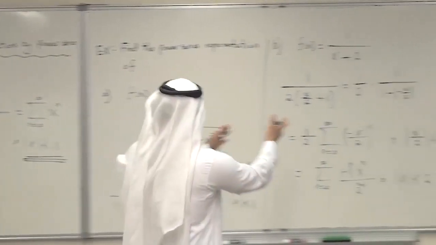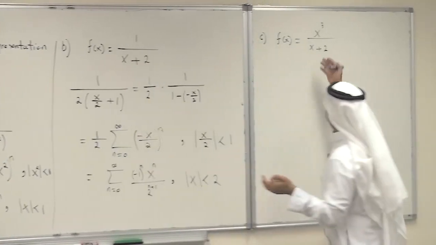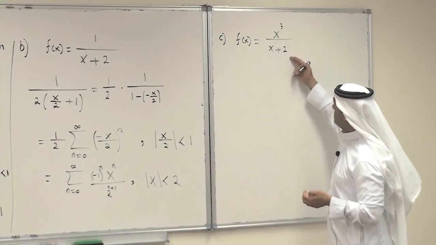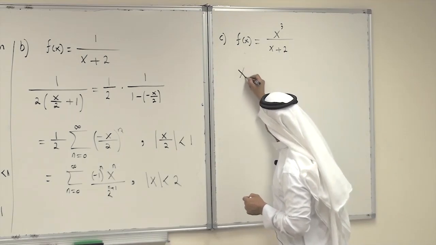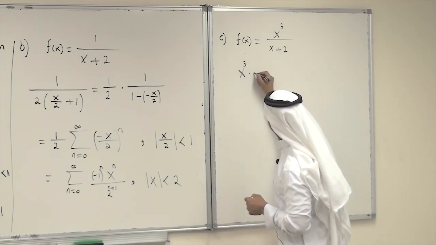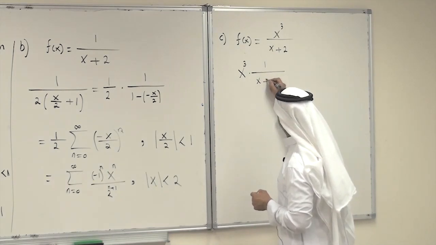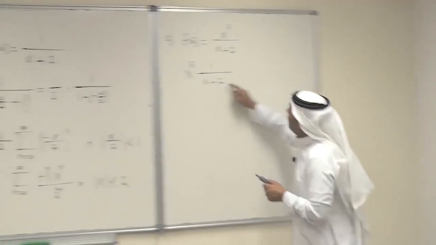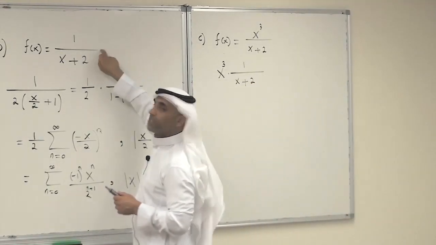Going back to the previous discussions, especially the second one, we can easily see a relationship between them. This is x cubed divided by x plus 2. If we need to start solving this, what I will do is just take x cubed out of the fraction. So this will be 1 over x plus 2.